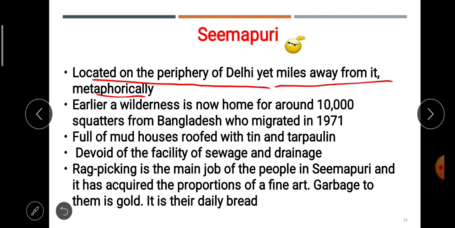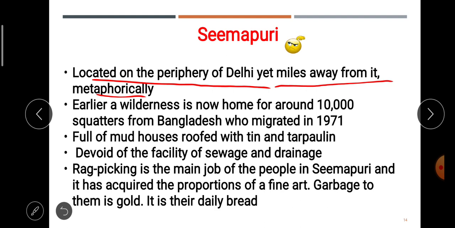By the way, Seemapuri is an integral part of Delhi. So we can say geographically both are attached, almost the same. But in terms of development, Delhi is far more advanced than Seemapuri. With every passing day, Delhi is growing economically, educationally, socially, and in all other terms also.